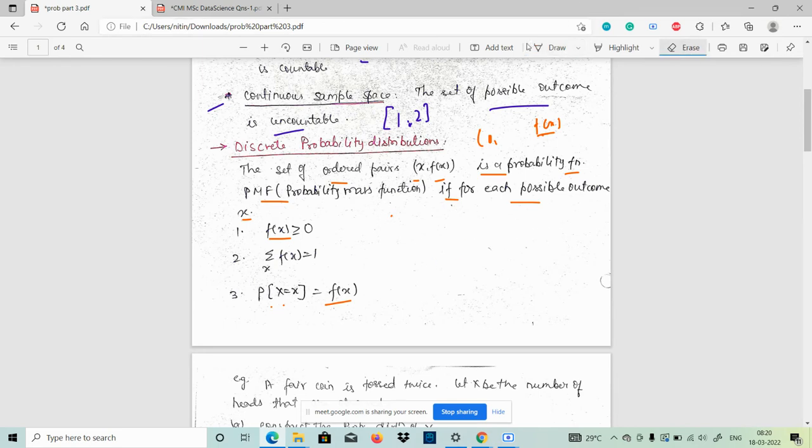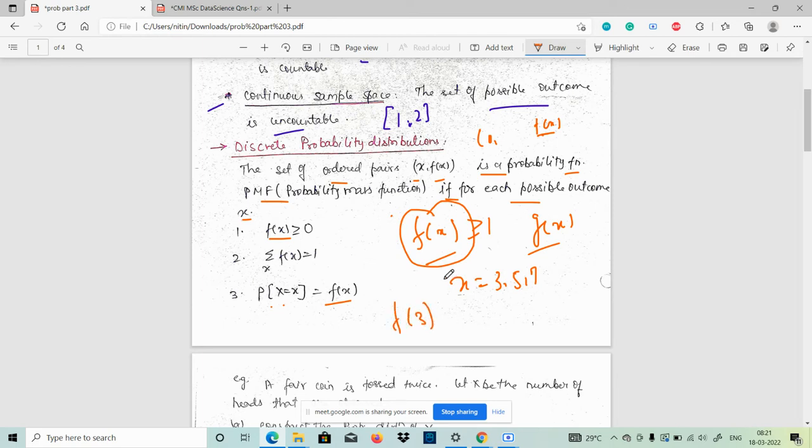If someone says that this particular f(x) is a probability mass function, you have to keep in mind that, say it is defined for x equal to 3, 5, and 7. If you put in f(3), you will get a number greater than 0. f(5) also gives a number greater than 0, and f(7) also. So this is the first property of the probability mass function.